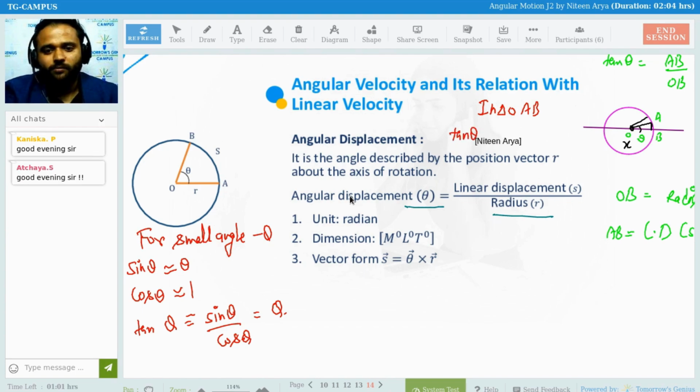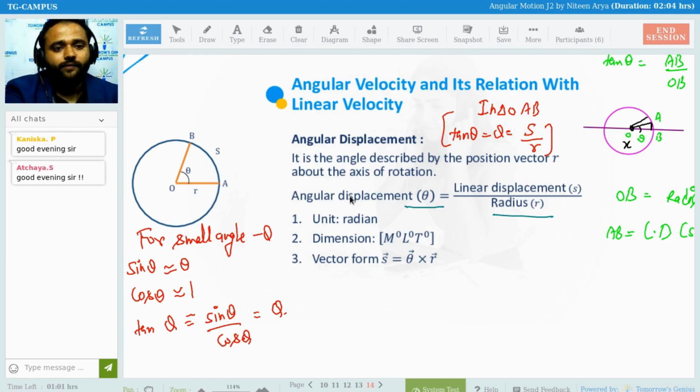You don't need to remember this, because I don't remember it either. I know perpendicular upon base, right? Perpendicular here is AB, which is the linear displacement S, or arc length L, over radius R. Got it? Is this clear now?